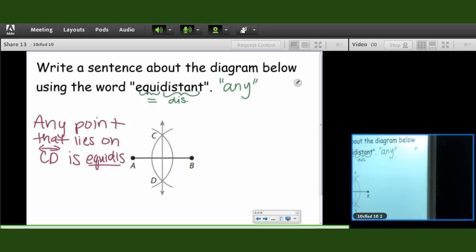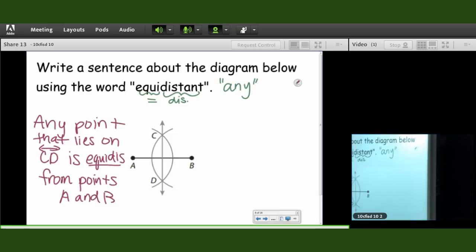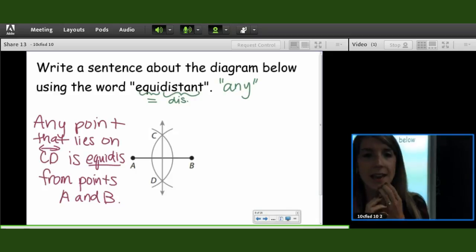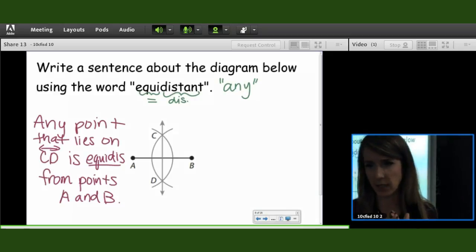And then a lot of you said to, but I would say equidistant from points A and B. So what we would not say is that segments are equidistant.